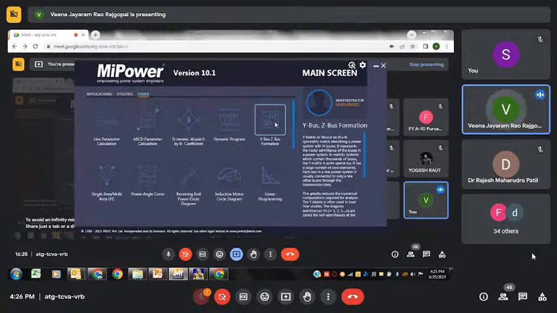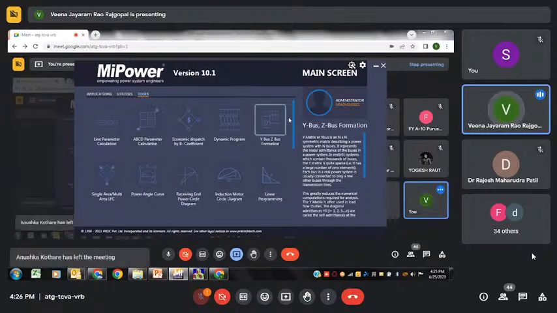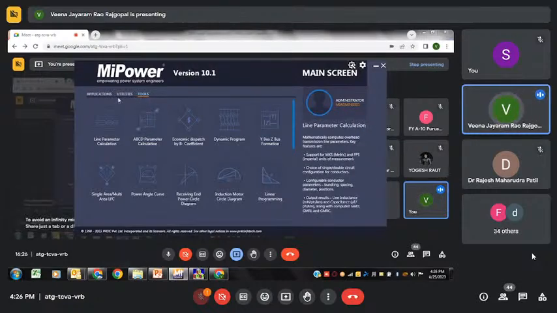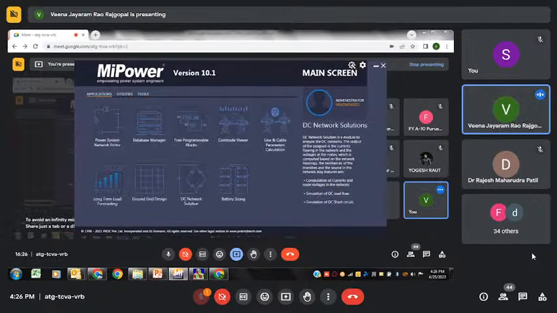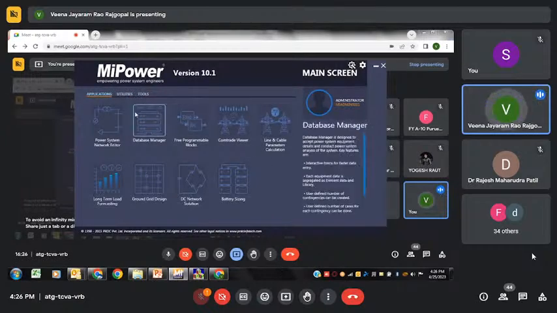If you want to quickly do the analysis, and you have the connectivity information and the basic data required for a load flow, you can directly do the analysis here. So this third section of tools is basically for the students. Yeah. So these are the different modules.